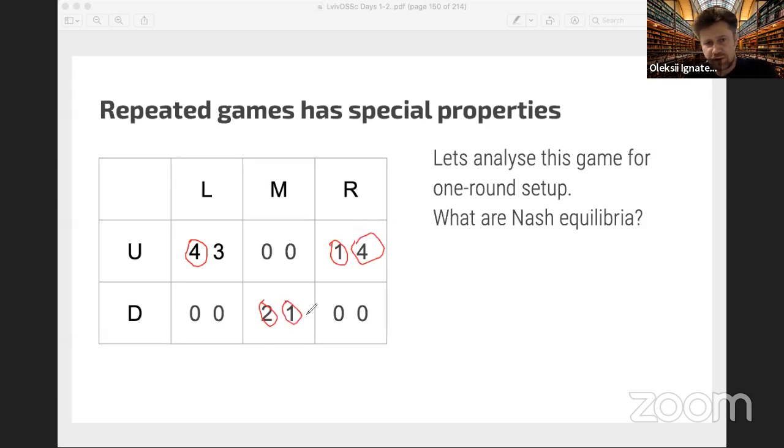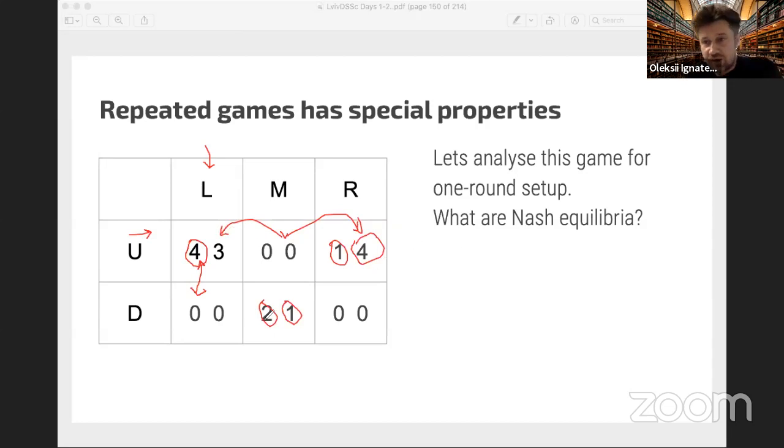I just remind you that when we consider the best response for the first player, for each column we compare these two numbers as payoffs of the player for his strategies if the strategy of the other player is fixed. And if we consider the best response for the second player, then we fix the row and compare the numbers in this row, for one row in different columns.